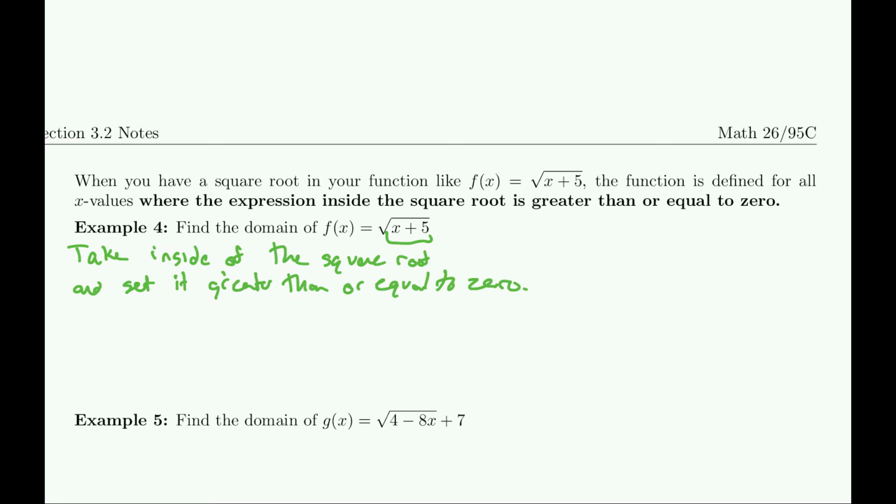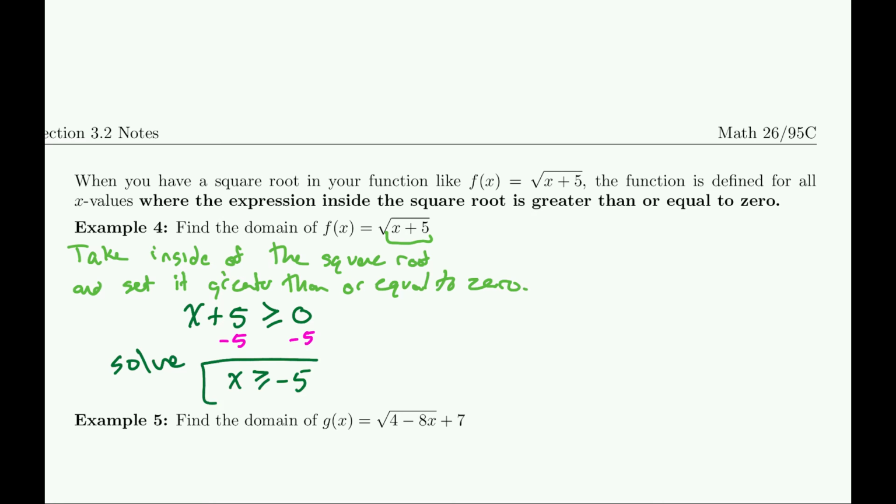That's what you do. So it just looks like this: x plus 5 greater than or equal to 0. And then you solve it. Now, solving it is often very simple. Like on this one, you just do minus 5, and you end up with x greater than or equal to minus 5.